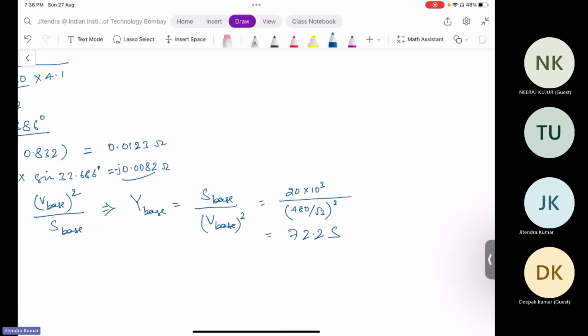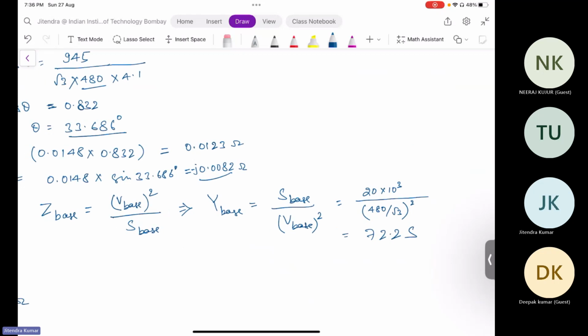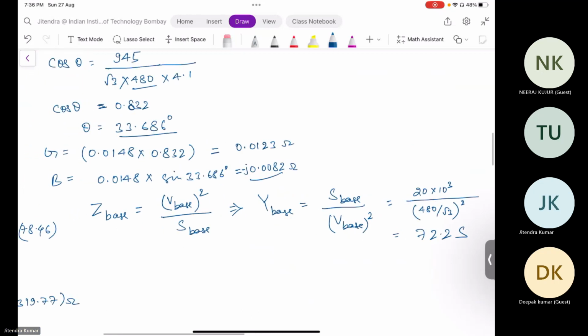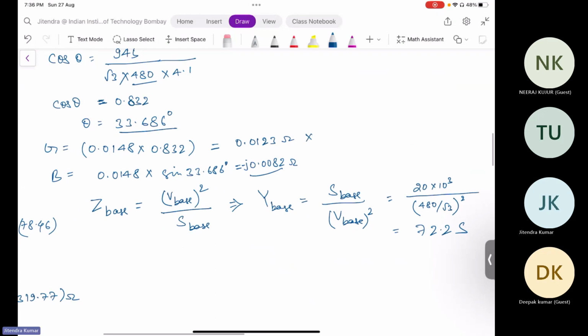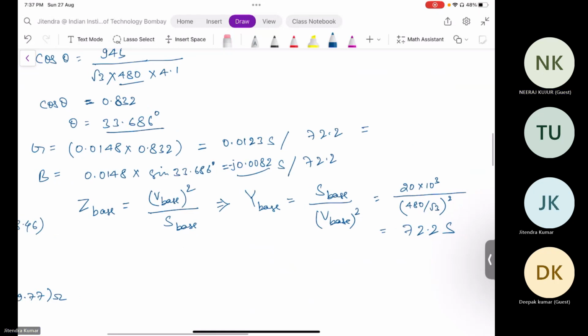So 72.2 Siemens we have to multiply with G and B. Sorry, divide, right? Not multiply. These are all Siemens. We have to divide to get the per unit values. Exactly, yeah.